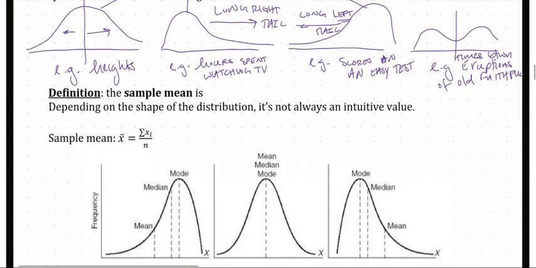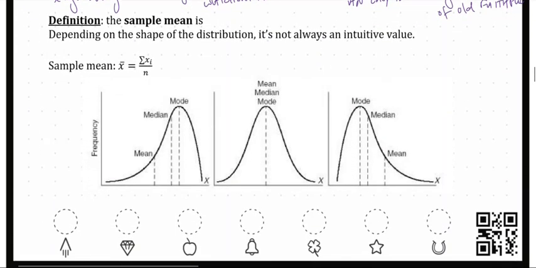When we have a quantitative variable, it's not enough just to talk about the shape, we also have to talk about the center. So we often talk about the sample mean. So the sample mean is the arithmetic average. So we take our sum of all observations in our sample and we divide by the number of observations in the sample.